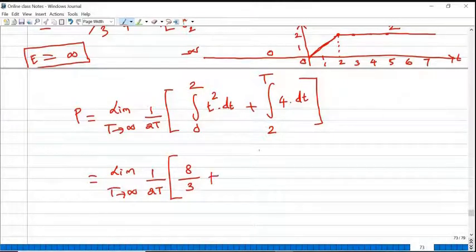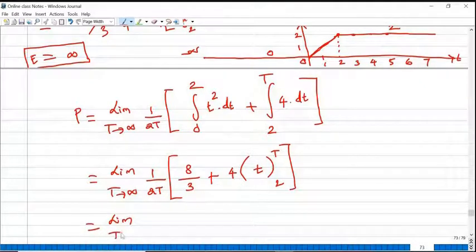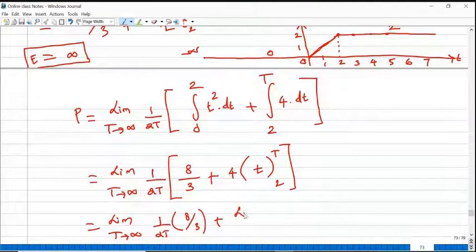Second term, integration 2 to T of 4, so 4 outside, t from 2 to capital T. So limit T tends to infinite, 1 by 2T, first term 8 by 3, plus second term limit T tends to infinite 4 capital T minus 2, 1 by 2T.